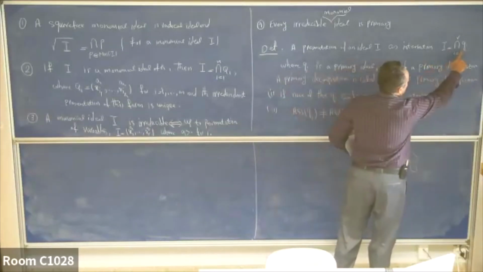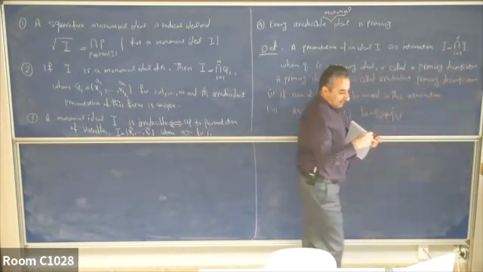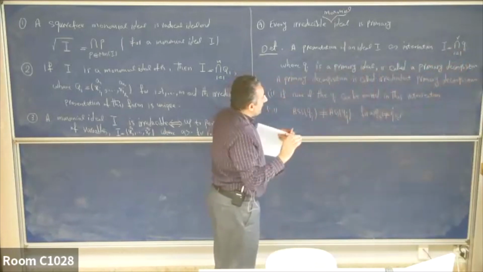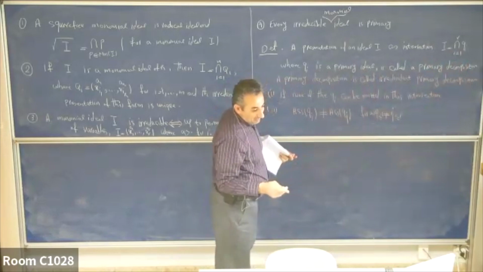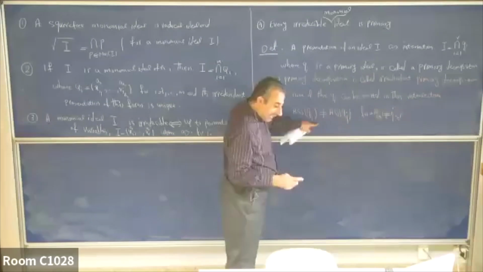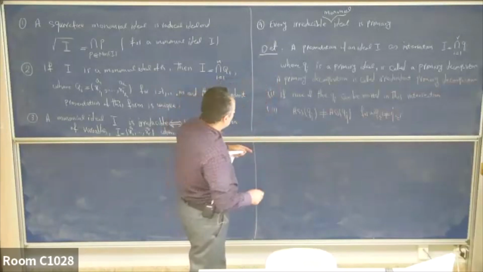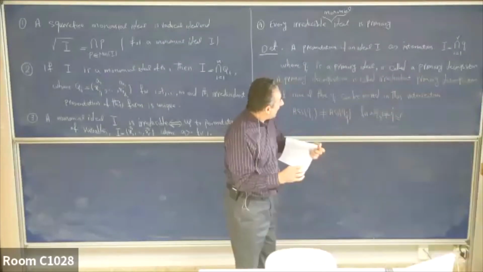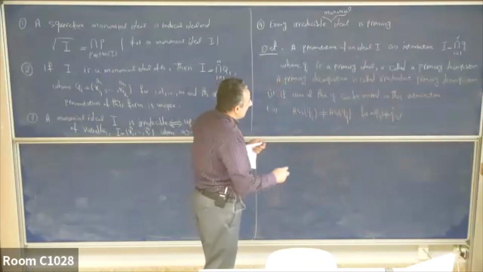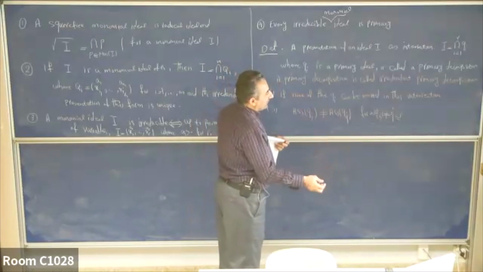The sum of Q_i cannot be removed, but if the radicals are equal, some of them are gathered together, and so this ideal is primary.